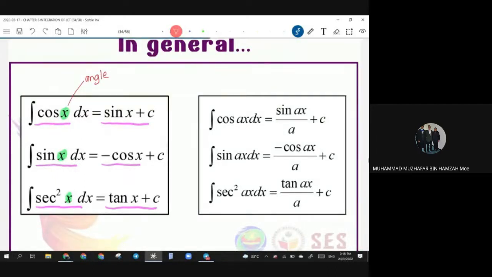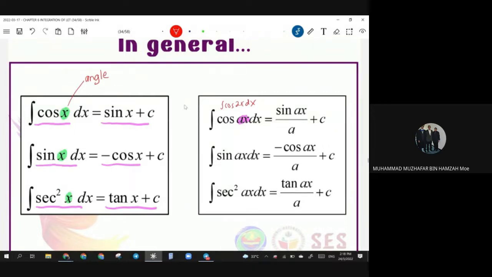Now let's say the angle here is not x, but ax. For example, we have the integration of cos 2x dx. The answer can't just be sin x.